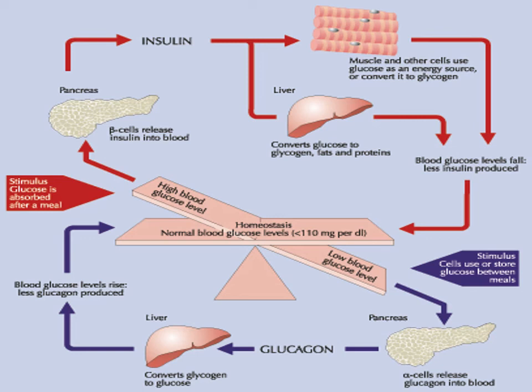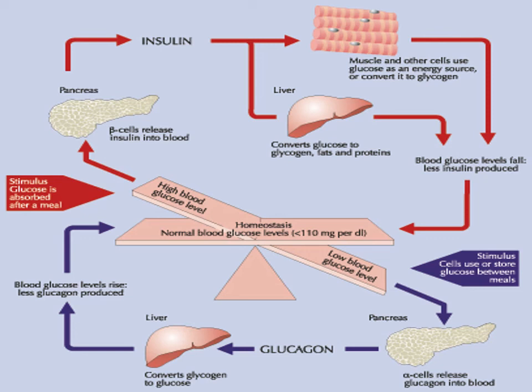This picture shows how the plasma level of glucose is regulated by the body. Mainly, the plasma level of glucose is controlled by two hormones, insulin and glucagon. Normal blood glucose level is about 110 milligrams per deciliter.